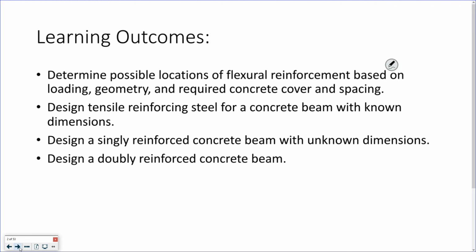We're going to design beams where we know the size, where we don't know the size, and if we are singly reinforced, as in only taking into account the tensile reinforcement, or if we include compression steel, so we're doubly reinforced. So first we're going to talk about some rules of thumb about locations.